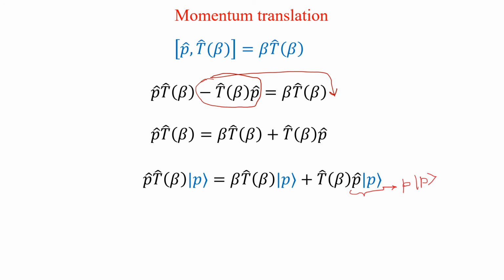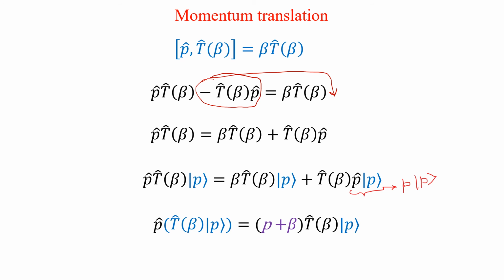Since the eigenvalue is a number, you can bring it to the left of the operator, then you can take that as common, as I have given here. The right hand side I am keeping as it is. Then in the left hand side, the first term is p plus, and the second term is beta. Both are numbers, so I am taking them to the left side of the operator. So this operator acts on the ket |p>.